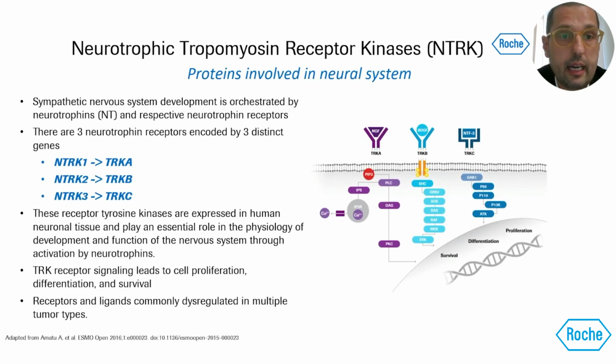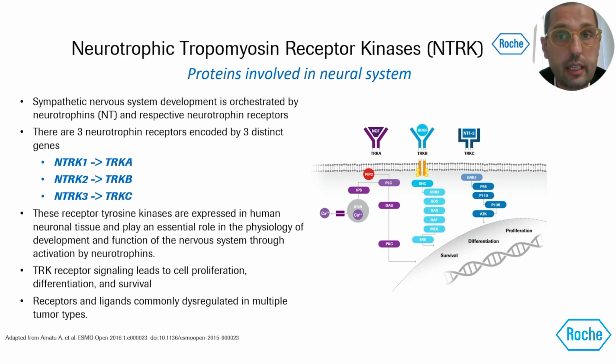NTRK proteins are very important for the development of both the central and peripheral nervous system, and they are composed of three different proteins that are encoded by three distinct genes: NTRK1, NTRK2, and NTRK3. As I said, they play pivotal roles in the development of the nervous system.